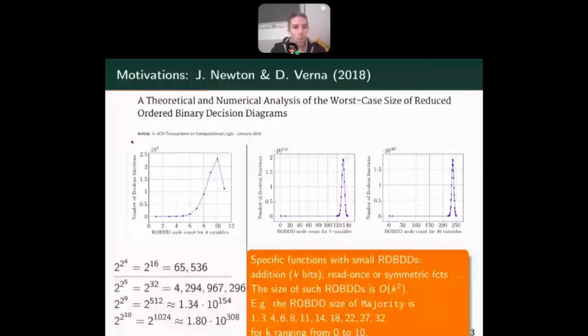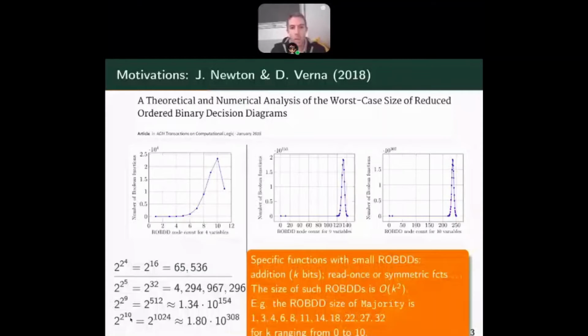And so, due to the doubly exponential growth, they were not able to obtain the exact distribution for functions with a larger number of variables. But for functions with 5 to 10 variables, they tried to obtain an extrapolation of the distribution by doing some kind of uniform random sampling of functions, then computing their ROBDDs to reach the size of the ROBDDs.